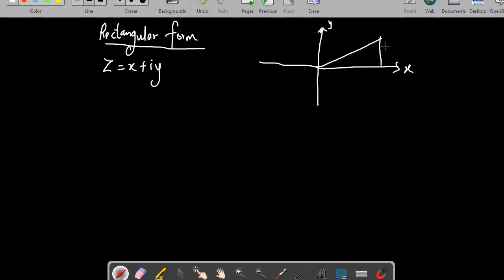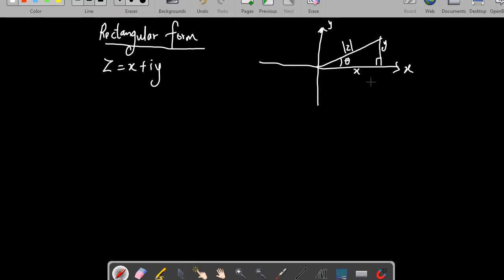Let's assume this is a line parallel to the y-axis, so we call this y and we call this x. Then this line drawn here is our z, and its length is the modulus, or what we call the magnitude of the complex number z. And the angle theta here represents the argument. You'll see all of this notation very shortly.